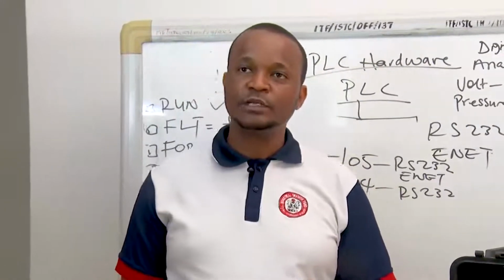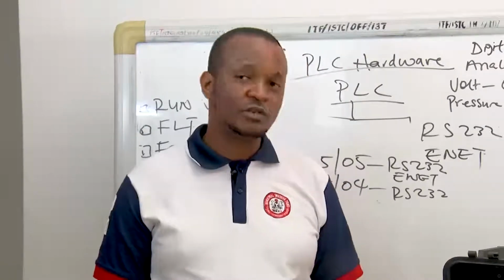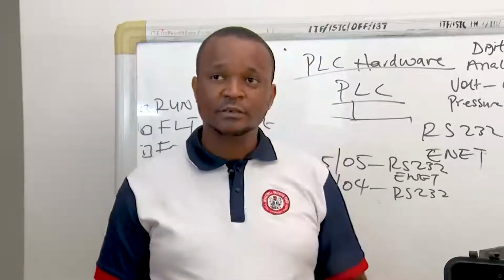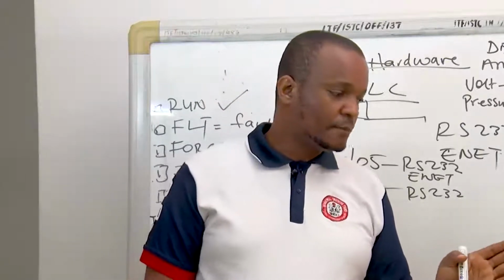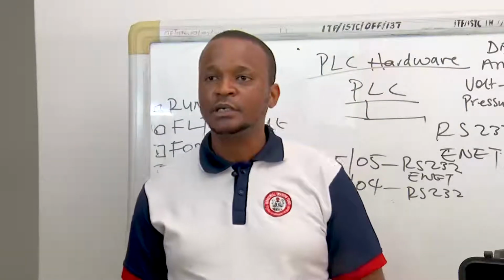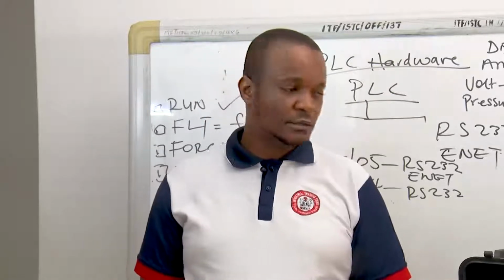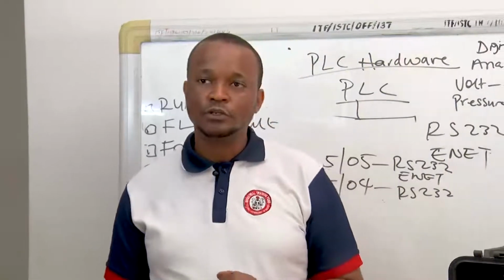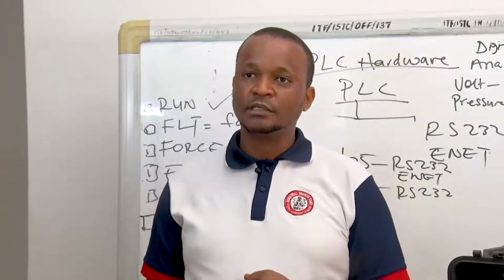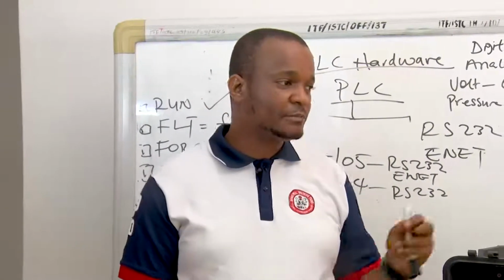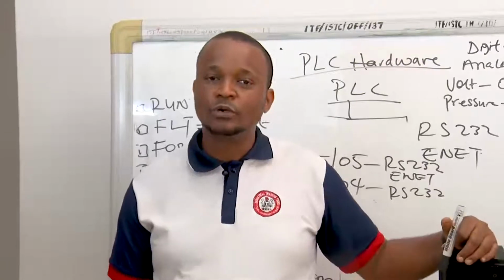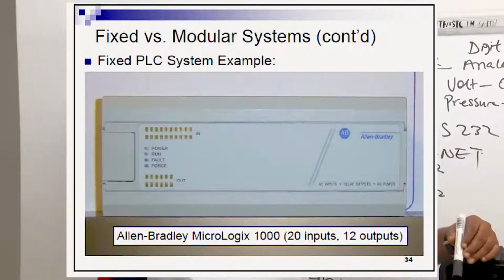So I've just explained to you the fixed versus the modular system. Whereas the fixed cannot be expanded, the modular can be expanded. Also showing on your screen is an example of a PLC made by Allen Bradley, which is the MicroLogix 1000 PLC.